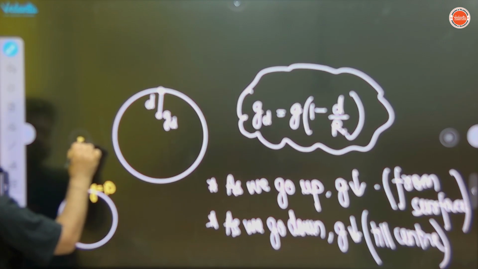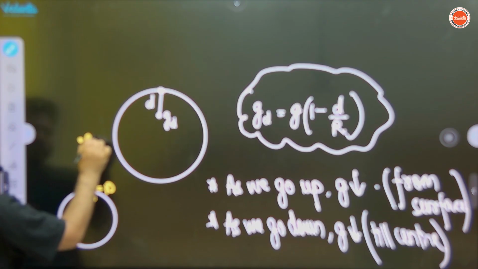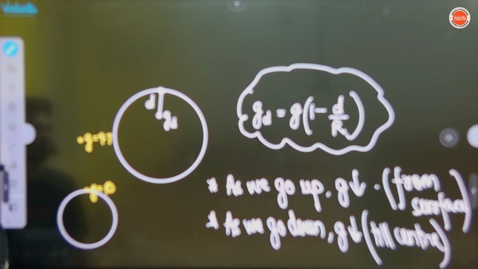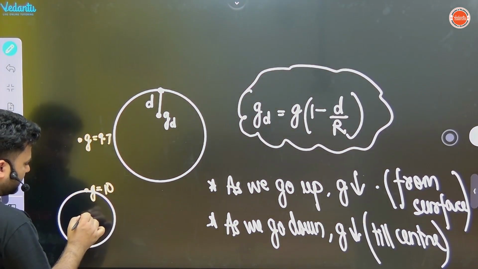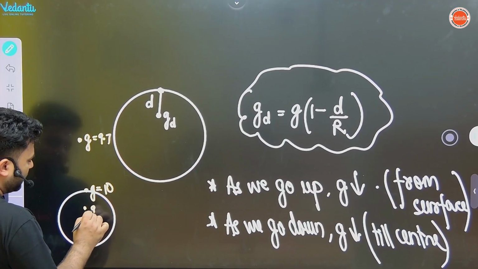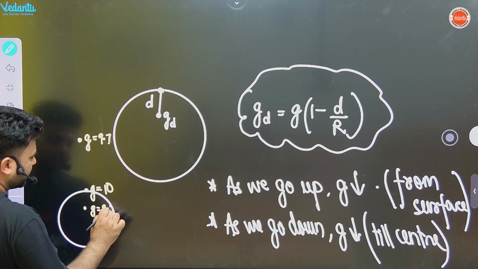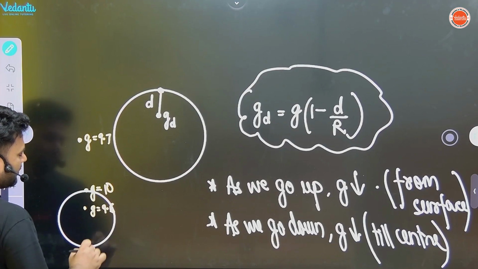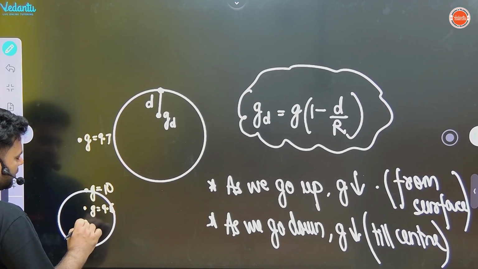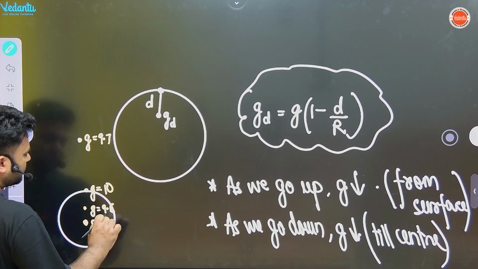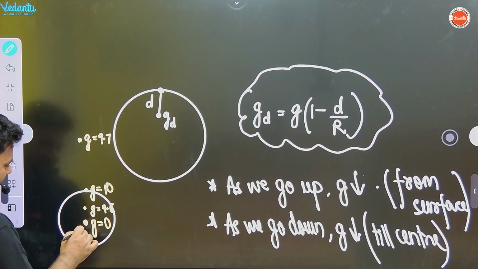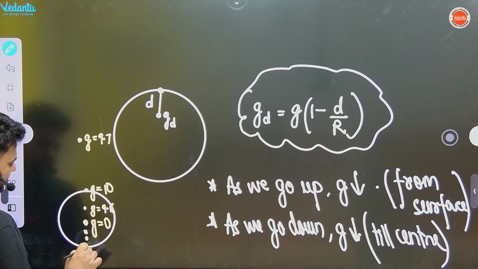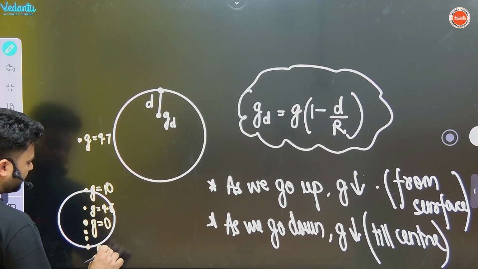If I go here at some height, the g value will be, suppose, less than 10, 9.7. The g value will decrease. Similarly, if I go down, the g value will become, suppose, 9.6. And here at the center of the earth, always remember the g value is 0. At the center of the earth, the g value will be 0. Again, the g value will increase, and here the g value will be 10.